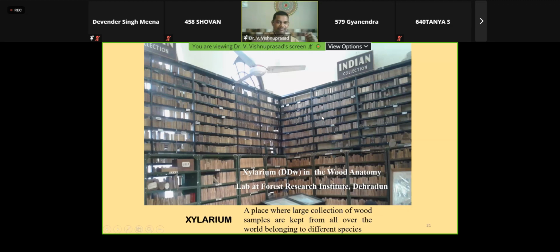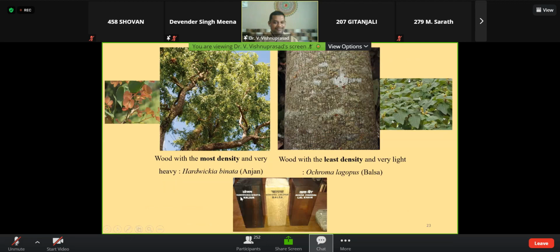These three specimens are kept over there in the xylarium. This one is from Hardwickia binata. If you go there and pick up that block, it's extremely heavy. But immediately when you pick up the balsa, you feel as if you're lifting a very light one. So these two extreme features of wood are very interesting, right?